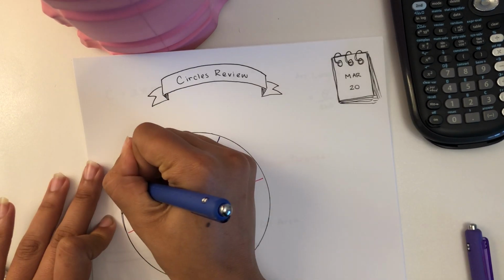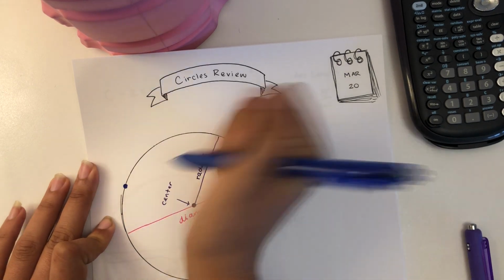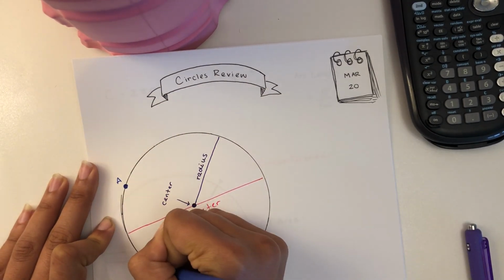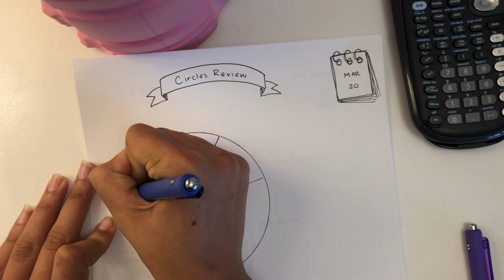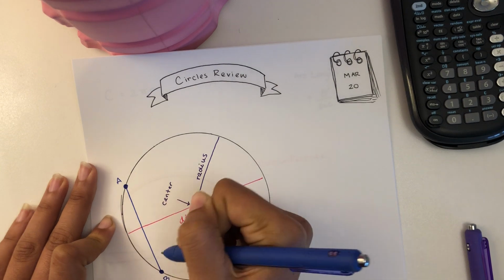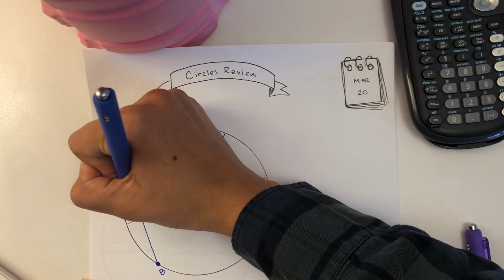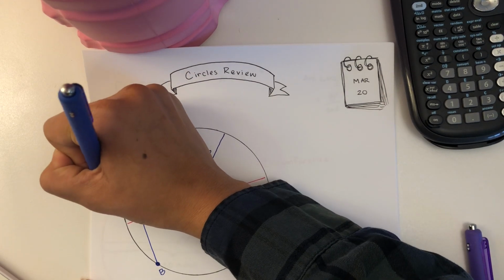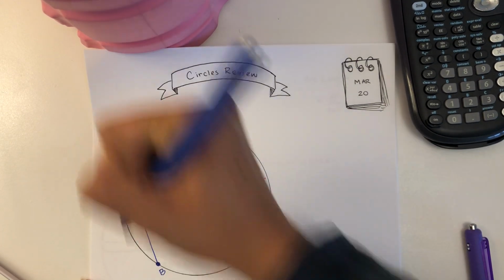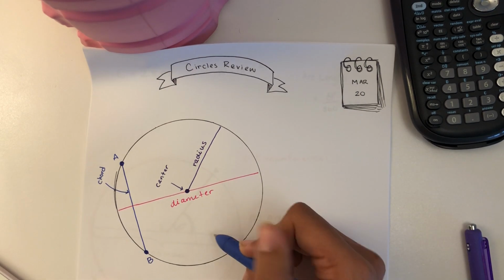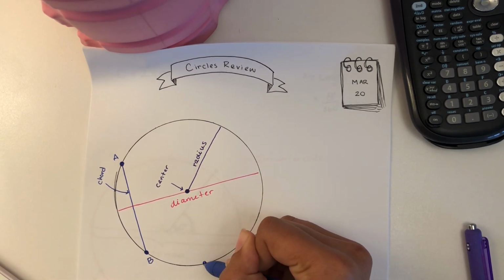So draw a point here, call it A. A point down here, B. Let's connect this. Do we remember what this is called? That's a chord, right?